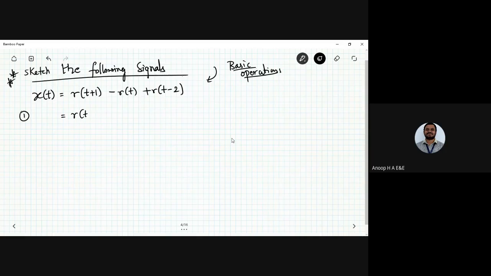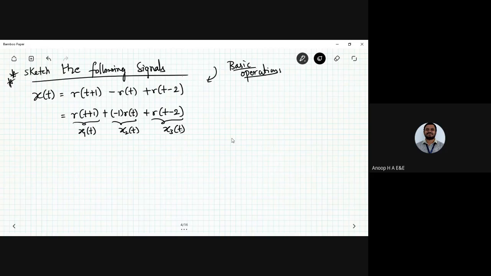A slight change, I'll be writing it in terms of a sum itself, that is r of t plus 1 plus minus 1 into r of t, plus r of t minus 2. Now this is x1 of t, this is x2 of t. So this is how we are going to move ahead.